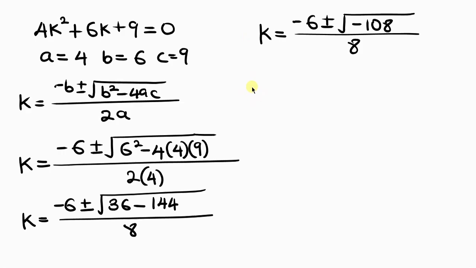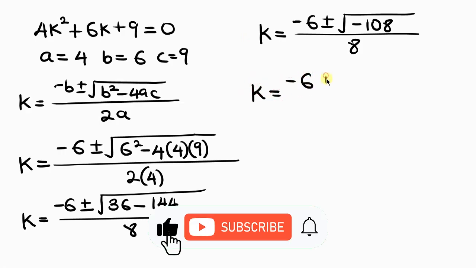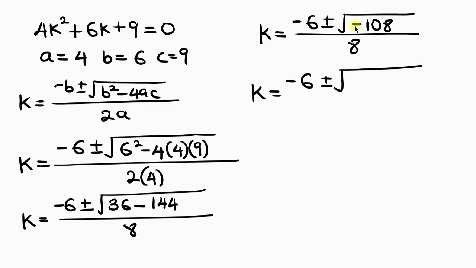So this is k equal to negative 6 plus or minus the square root of. Now, because of this negative, I'm going to be putting negative 1 times 36 times 3. Very good. So negative 1 times 36 times 3 gives negative 108, all over 8.